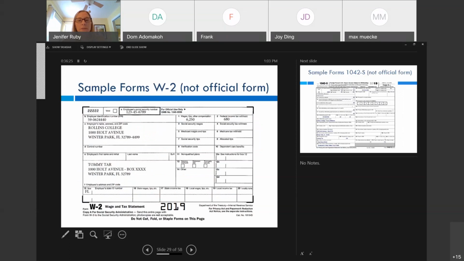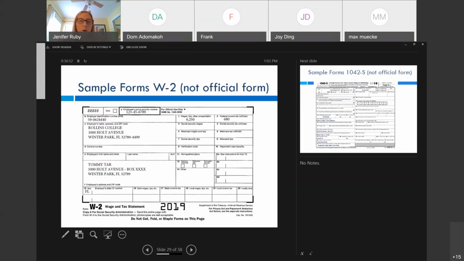So here's a sample W-2. You can see on the form that the employee's Social Security number is listed, and item B is the employer identification number. So every employer in the country has such a number, and then information about the employer, name and address, and then information about the employee, name and address.